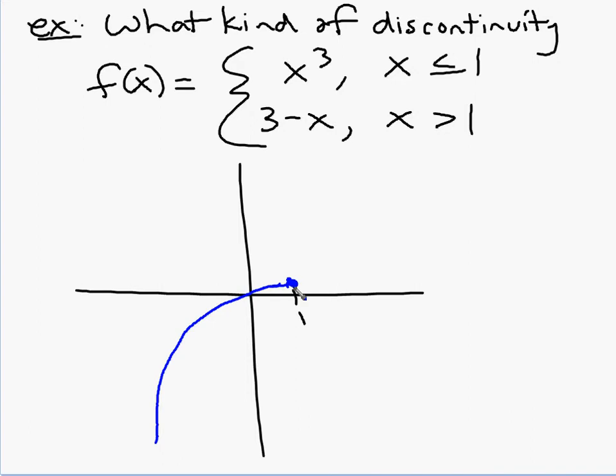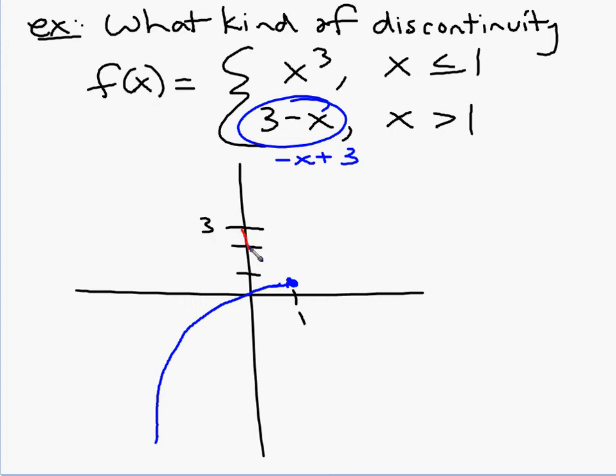The second half is 3 minus x. That's the same thing as negative x plus 3. So there would have been a y-intercept at 3. 1, 2, 3. And my slope is negative 1.